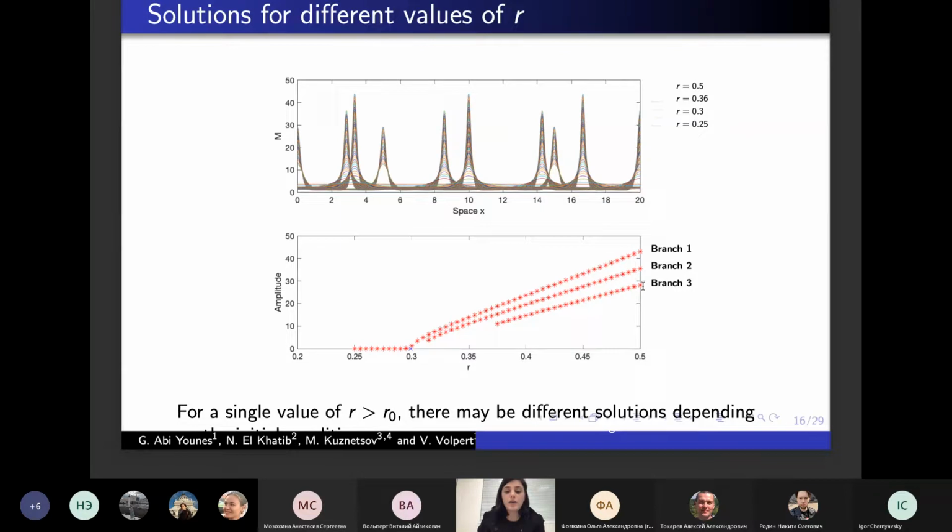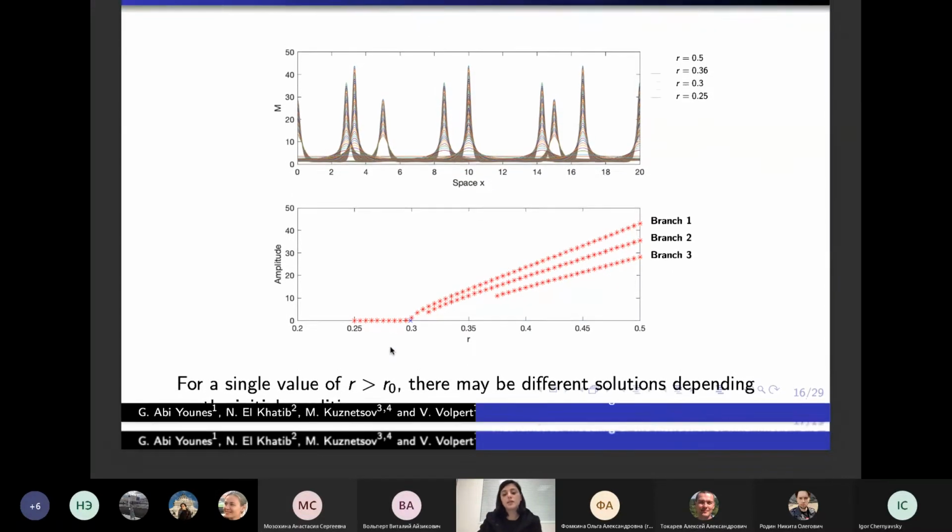We decrease R, we reach this point, and then we jump to the next branch, and then we increase R, and we reach this part here. By decreasing R once again, we reach this first branch, then we increase R to complete this branch, and then decrease it in order to reach these points.